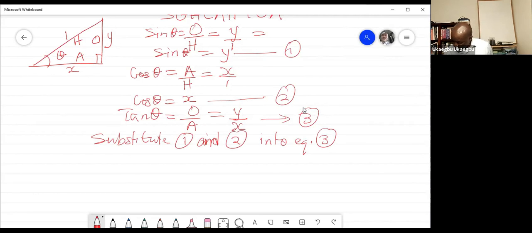So if you do that, you are going to get that tangent of theta is equal to what? Sine of theta, because y is sine of theta, divided by cosine of theta.